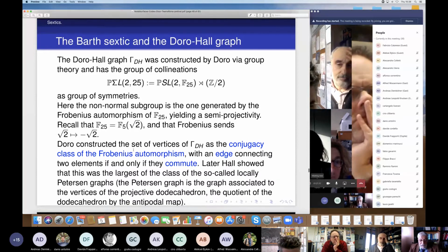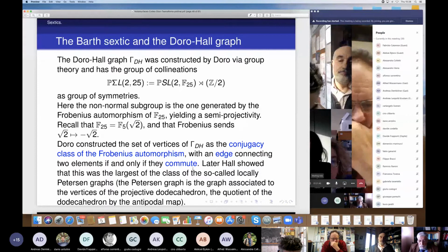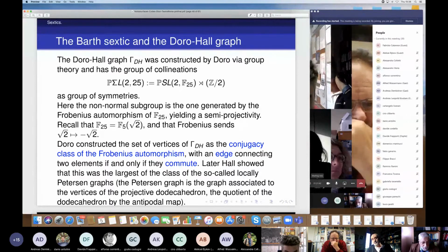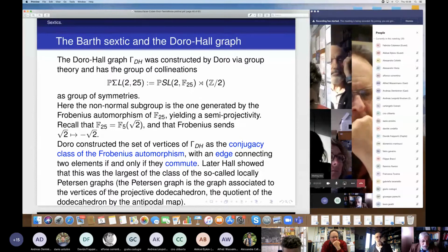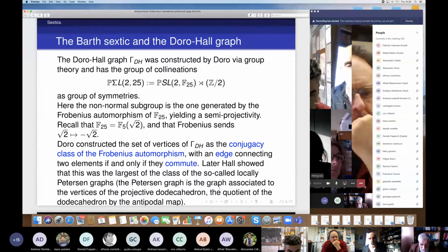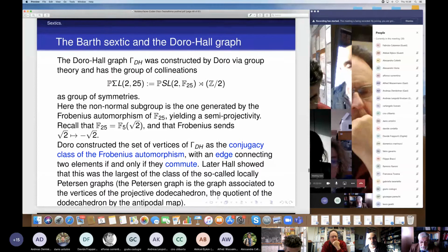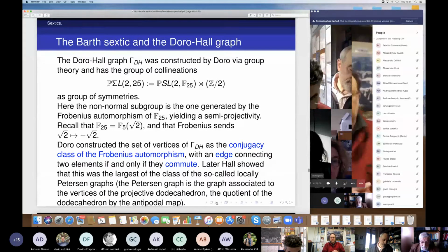Doro constructed the set of vertices as a conjugacy class of Frobenius, where an edge connects two elements if and only if they commute. This is beautiful, but Hall later classified completely the so-called locally Petersen graphs. The graphs which locally are like the Petersen graph, and the Petersen graph is a graph associated to the vertices of the projective dodecahedron, which is the quotient of the dodecahedron by the antipodal map.